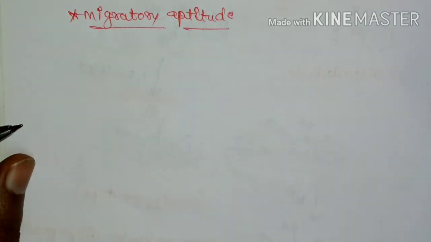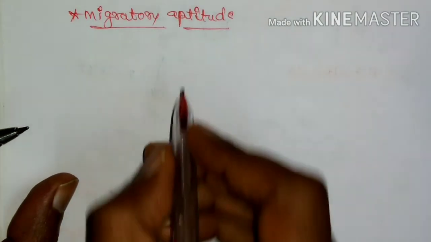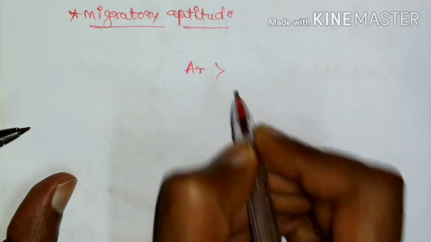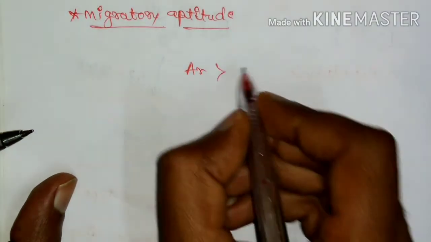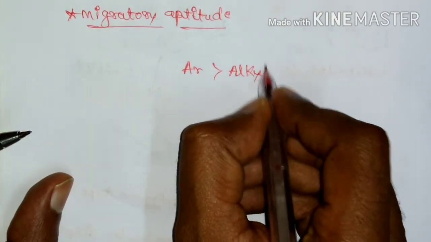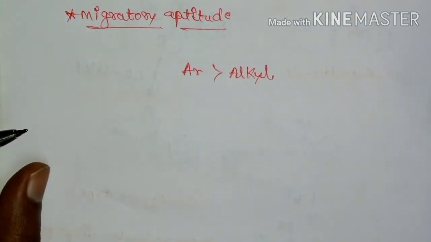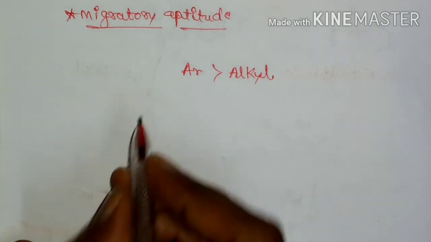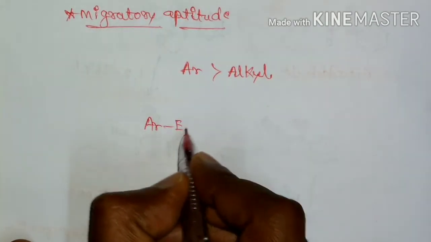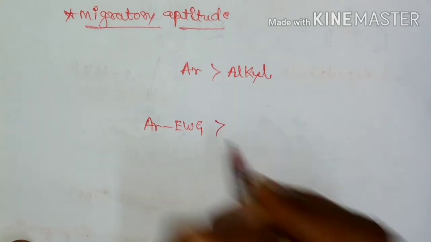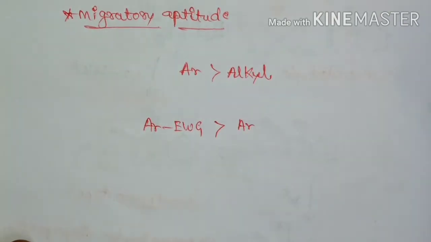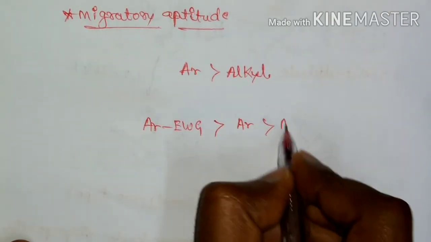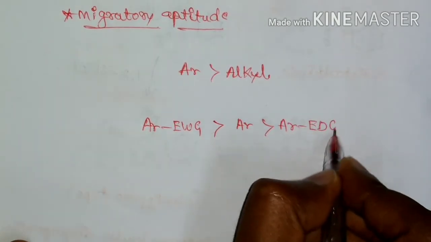Migratory aptitude in this benzylic acid rearrangement is that the aromatic ring will migrate in preference to alkyl, and if two different aryl groups are present, then the aryl group with an electron withdrawing group will migrate over the unsubstituted aryl group, which will migrate over the aryl group with an electron donating group.